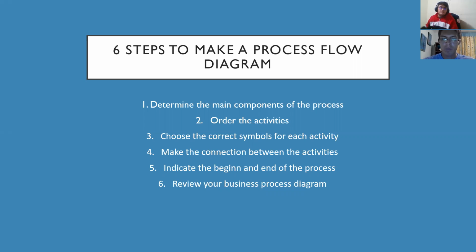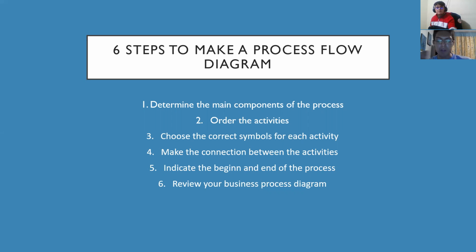Step 3 is choose the correct symbols for each activity. There are several notations used to draw process flow diagrams. Therefore, by correctly indicating each type of activity using the correct symbols, it will be much easier for anyone familiar with the symbols to understand the flow quickly.